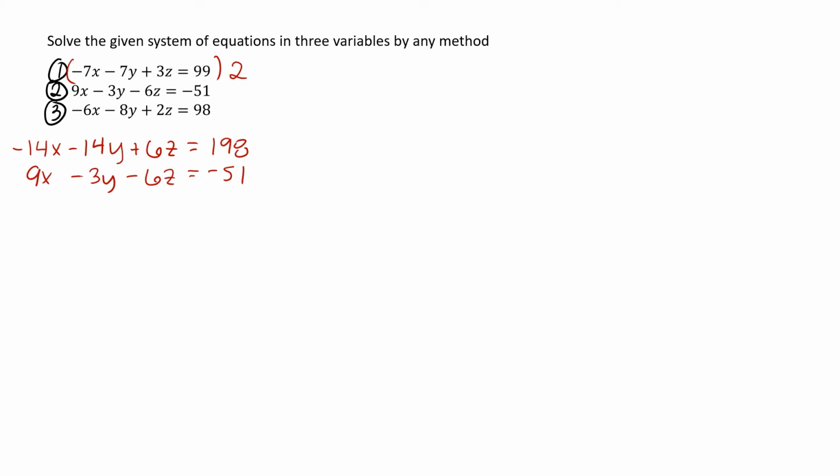From here, I'm going to cancel out my z's. I'm going to add up my x's, my y's, and the values on the right-hand side of the equal sign. So then I'm going to get negative 5x minus 17y equals 147.